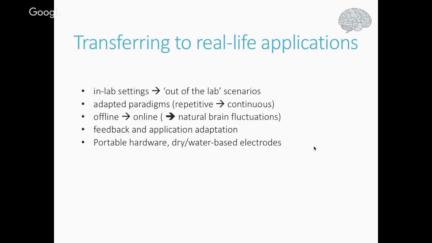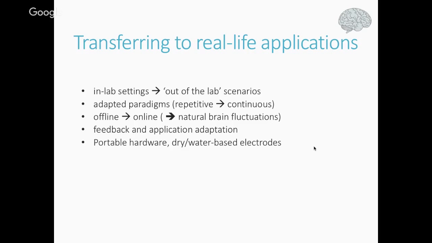First, the transfer from in-lab settings, where the user is restricted to few permissible movements and tasks, towards out-of-the-lab scenarios, where more dynamic movements are involved and more perturbations. Then, extra care is required when processing the signals. So artifact removal has to be optimized to account for the additional movements.